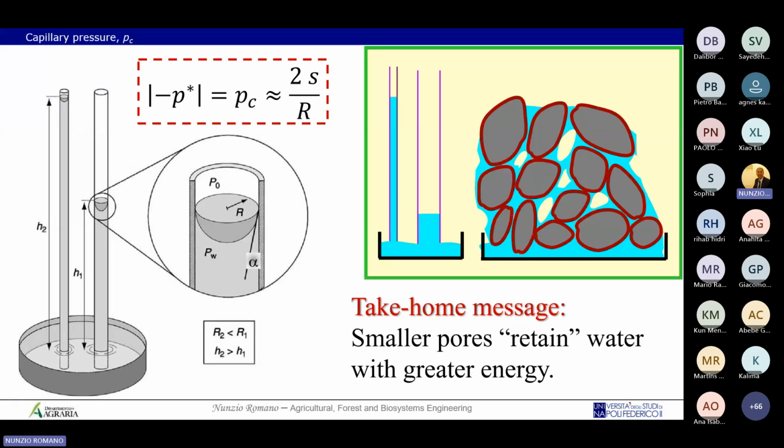No. Okay. So what is important from the soil hydrology point of view is the take-home message that I write just below on the right of this slide. Smaller pores are able to retain water with greater energy. Again, we attach an energy meaning, an energy potential meaning to the phenomenon of capillary rise.